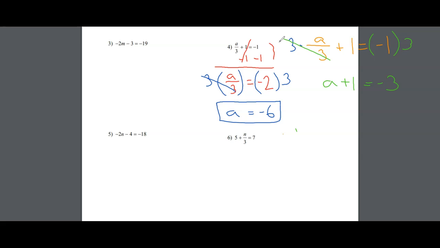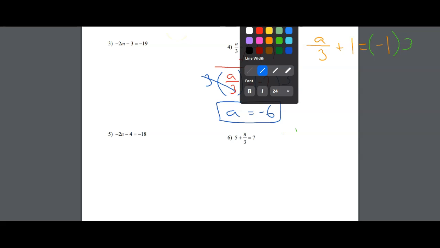Okay, if we multiply 3 to both sides, I have to do it to every part of both sides. So let's go back up here. The right side is fine, right? I multiplied the entire right side by 3. The problem is on the left-hand side, I have to multiply both terms by 3.